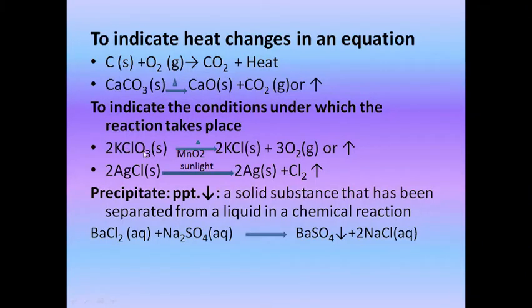Potassium chlorate, KClO3, which is solid, is heated. So we have shown this triangle, it is heated, and it is heated in the presence of another substance, which is manganese dioxide. It serves as a catalyst here. Catalyst is a substance which increases or decreases the rate of chemical reaction.